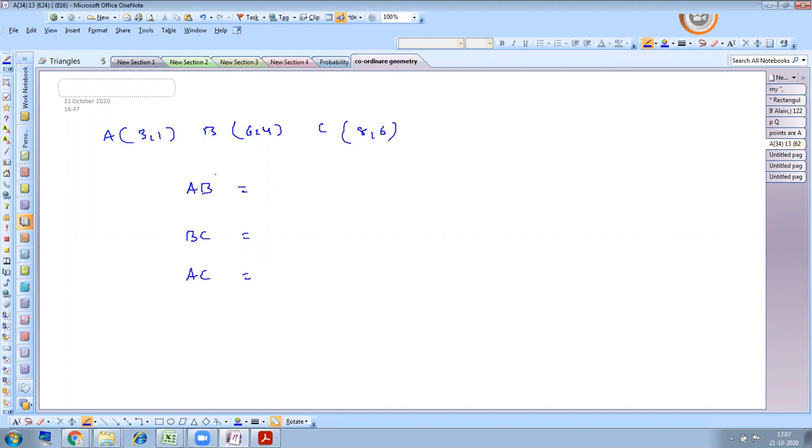What is the AB value? Root of (6 minus 3) whole square plus (4 minus 1) whole square. That is 9 plus 9, 18, so 3 root 2. BC is root of (8 minus 6) whole square plus (6 minus 4) whole square.